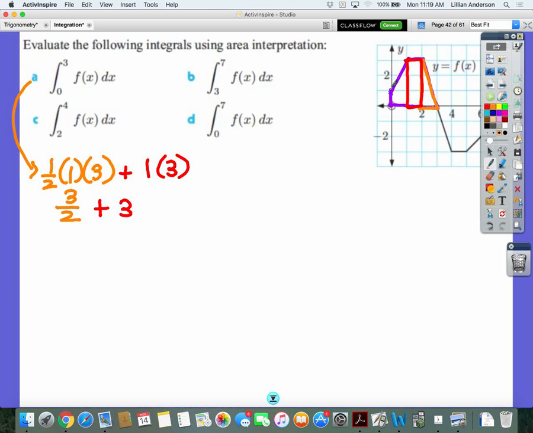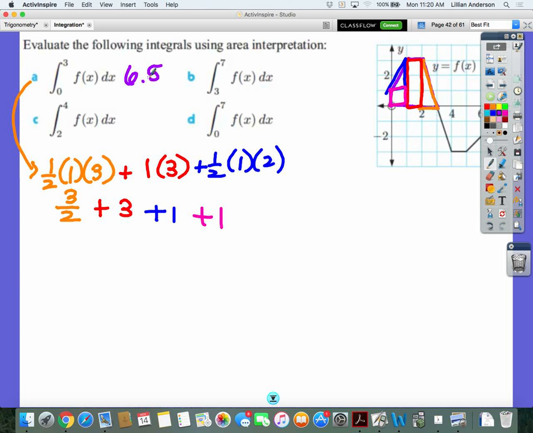Then you have your triangle, which is 1/2 your base, which is 1, times your height, which is 2. And lastly, you have your square, which is nothing but 1. For a total of 6.5. So the area from 0 to 3 of your curve is 6.5.